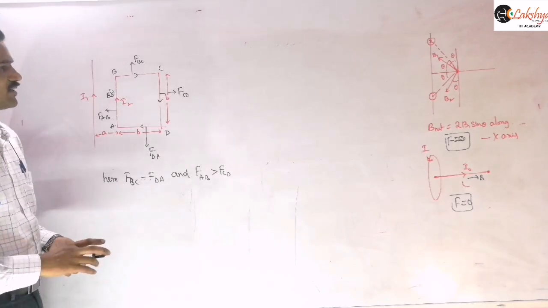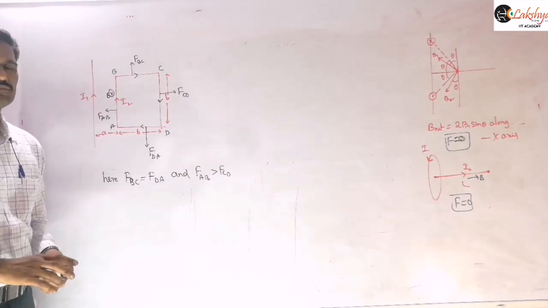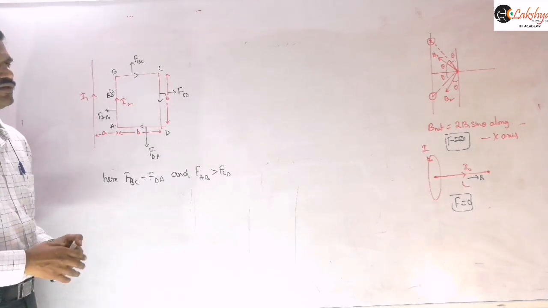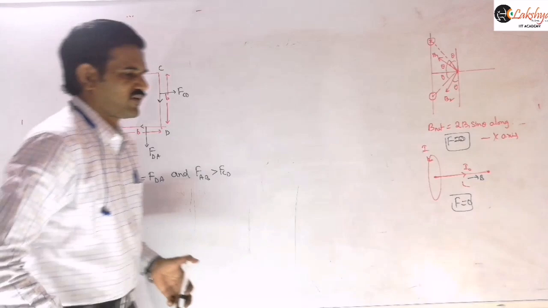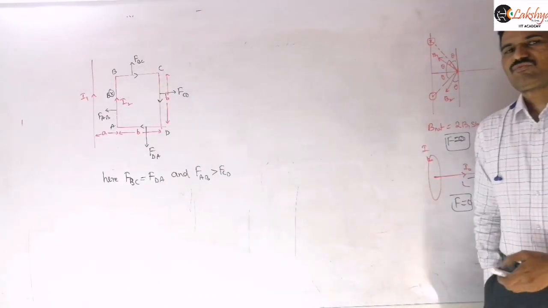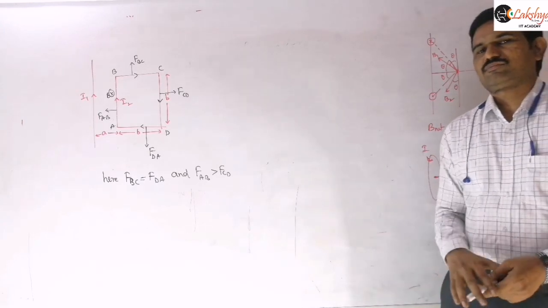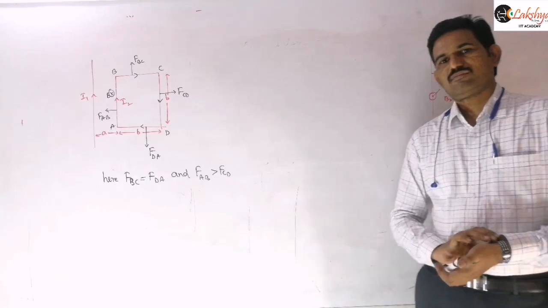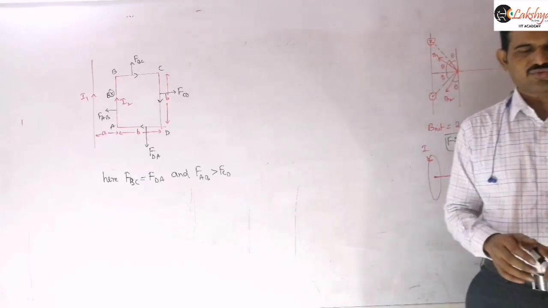I2 is the current flowing in the square loop as shown. Then find the force acting on the square loop, and also answer whether this force is attractive or repulsive.